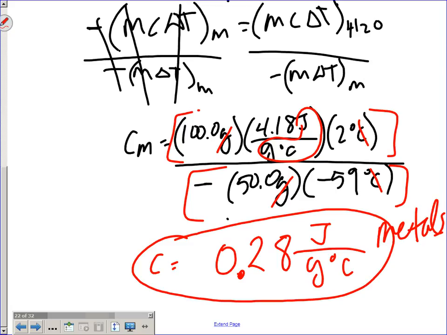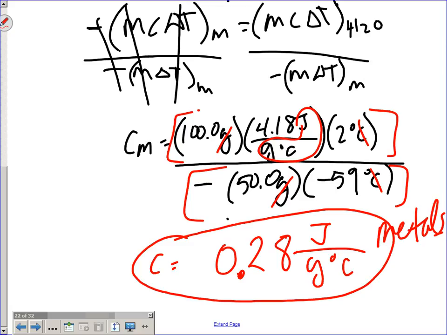But water is a great way to retain heat, or it has a really high heat capacity. 4 joules per gram degree C is a lot, whereas 0.2, basically... I want you guys to explain this in one sentence, and I'll give you a sample first. It takes 0.28 joules, very little energy, to increase 1 gram of metal by 1 degree Celsius.